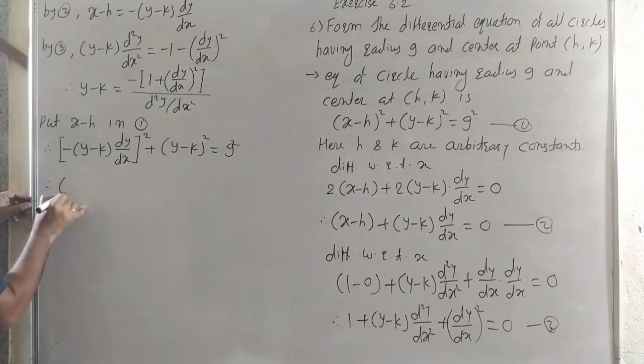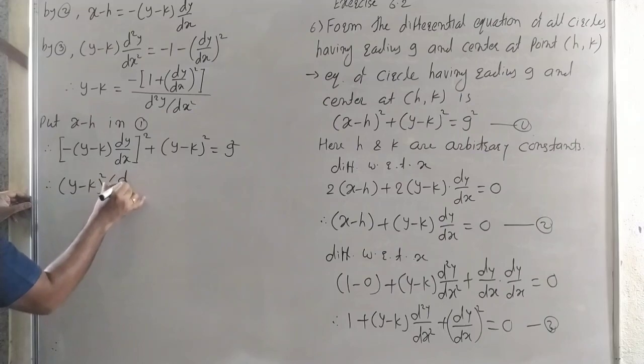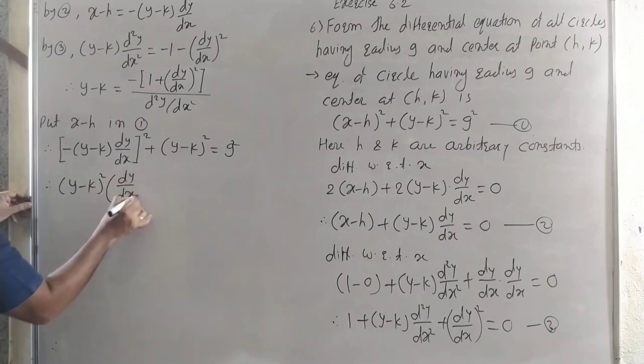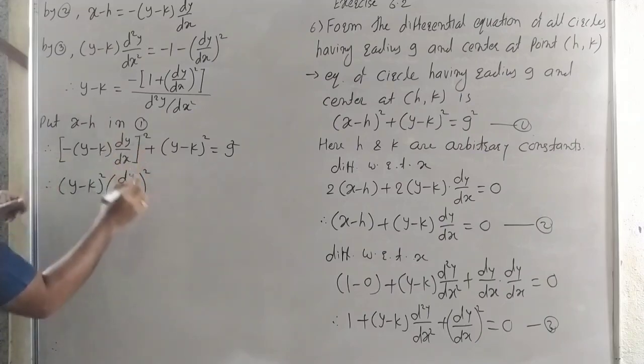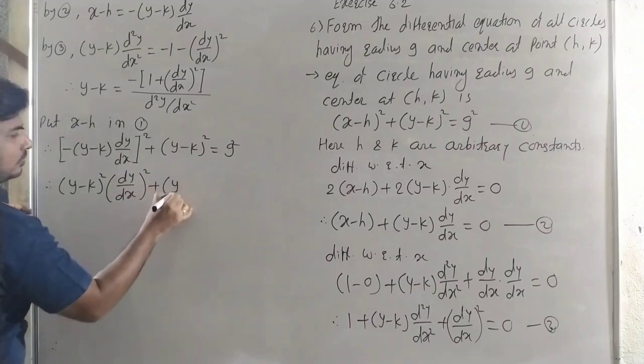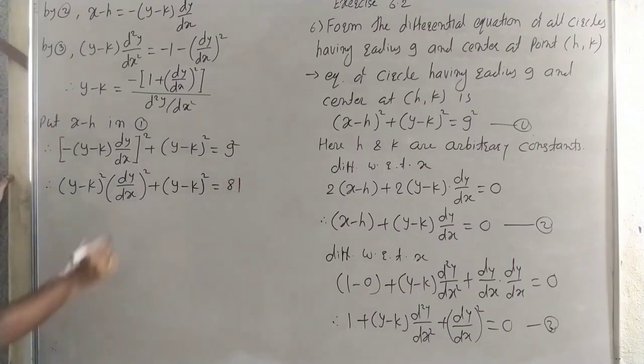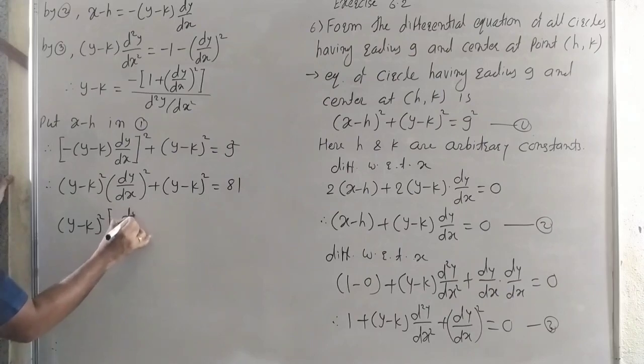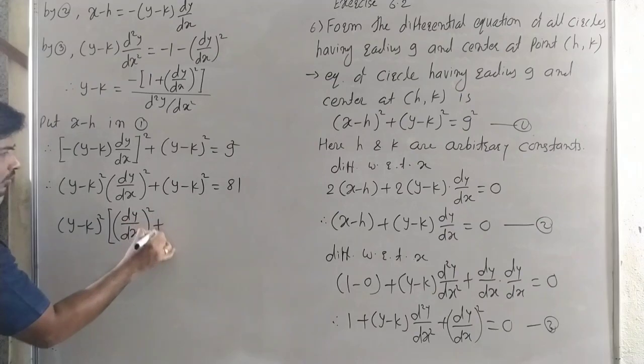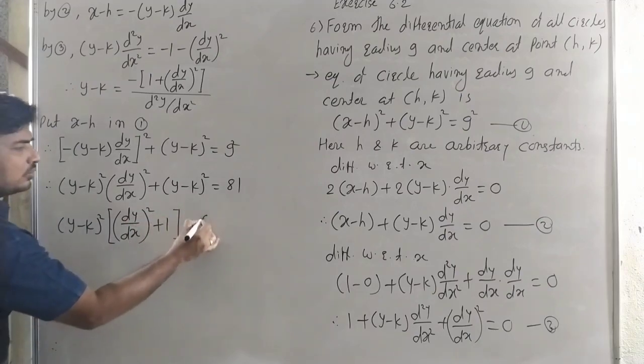Then it is (y − k)² (dy/dx)², the square of this term, plus (y − k)² is equal to 81. Again take (y − k)² common: (y − k)² into ((dy/dx)² + 1) is equal to 81.